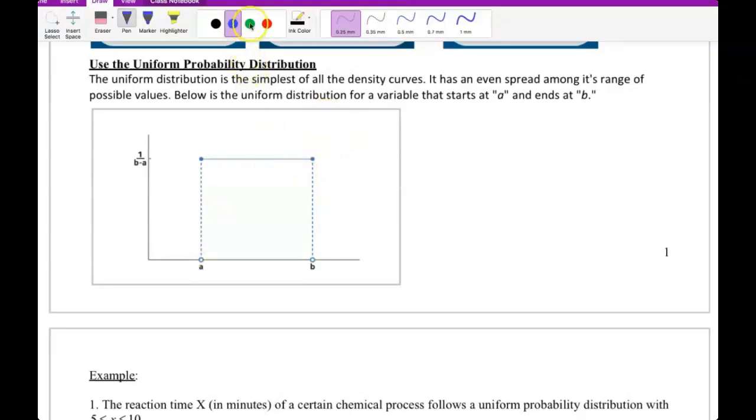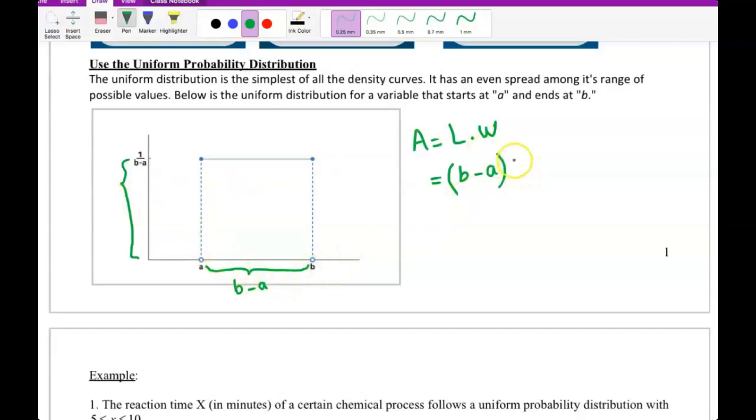Okay, so first step, finding, okay, we have these 2 points A, B. So finding the distance between these two as B minus A. And here we have 1 divided by B minus A. So finding area is equal to length times width, and that is equal to B minus A. So this is L and this is W. So multiply by 1 over B minus A. Simplify B minus A divided by B minus A. This is equal to 1.